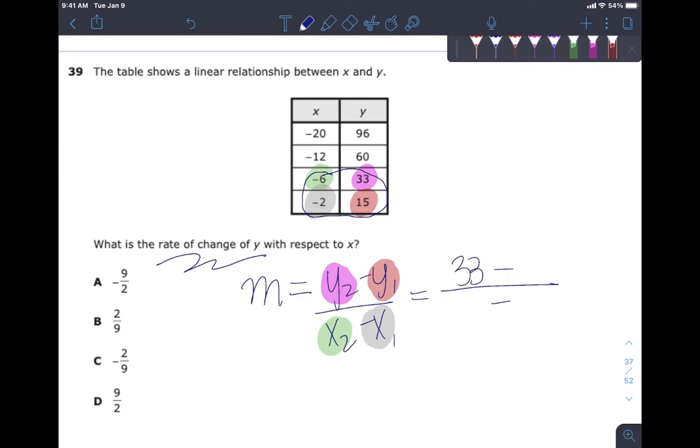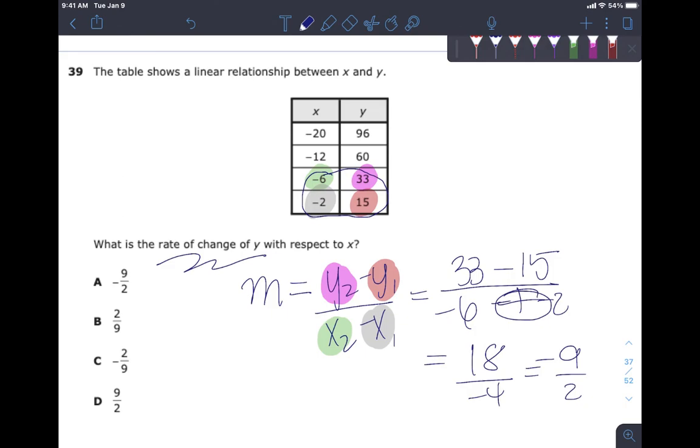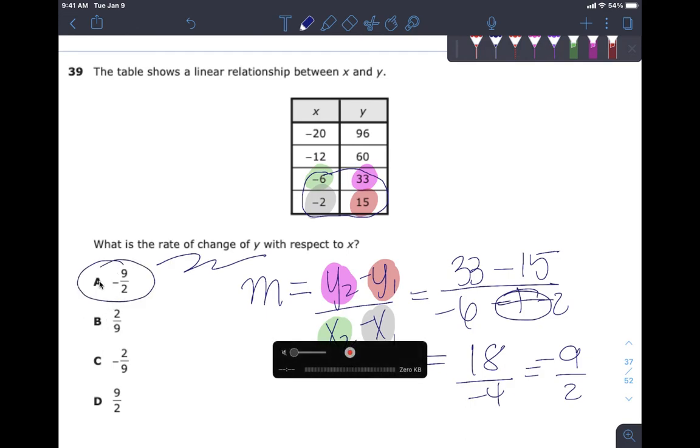So 33, 15, negative 6, negative 2. Double negative gives me a positive. All right, so this will be 18 over negative 4. And I can keep reducing until I can't reduce anymore. So approximately negative 4.5. So I look, and it looks like answer choice A would be the closest.